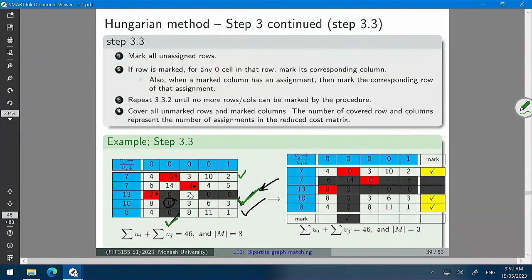So it's a simple recipe: first start with an unassigned row. If you see a 0 in that row, any 0 in that row, pick that column, and if that column has an assignment, pick its corresponding row. And if there are no other zeros in that row, go to the next unassigned row.